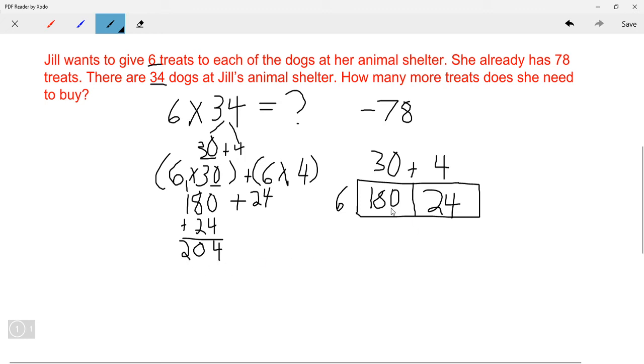But interestingly, I just want to point out, sometimes if you're on a test or something and they're drawing the area model, they might actually do it similar to this, where they actually show, there'll be like 30 and then 4, just because the 4 is much smaller than the 30, so they're trying to show the area.